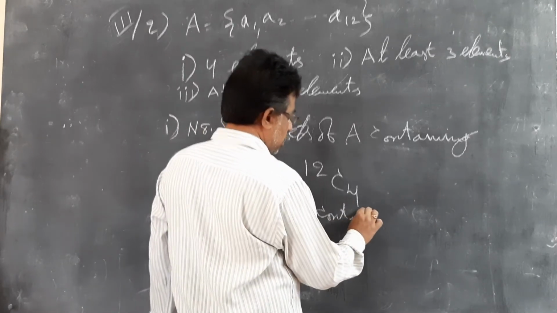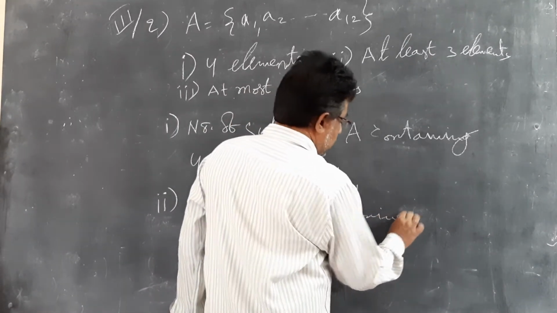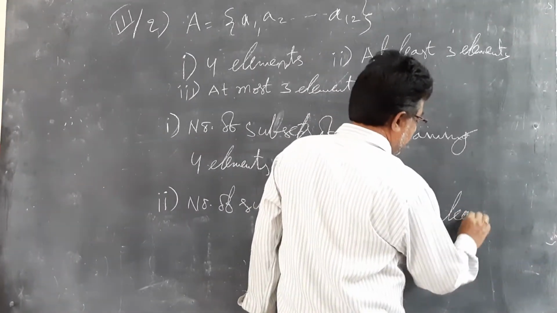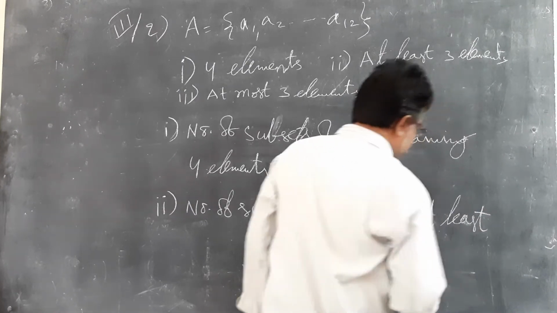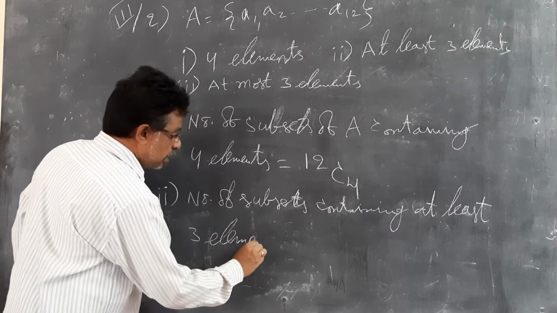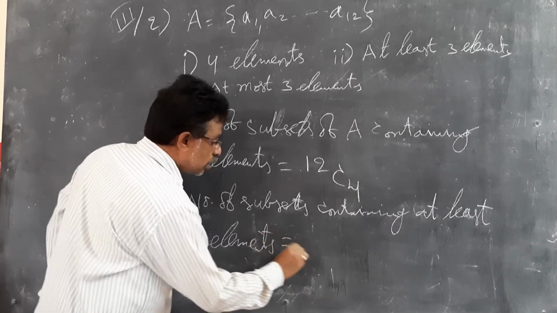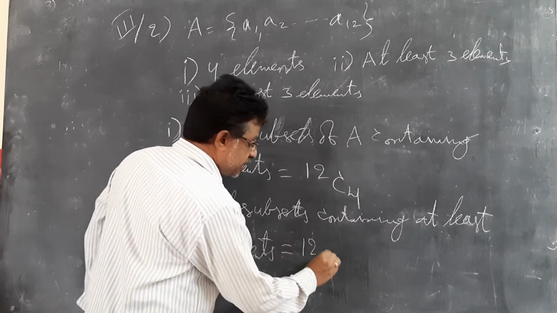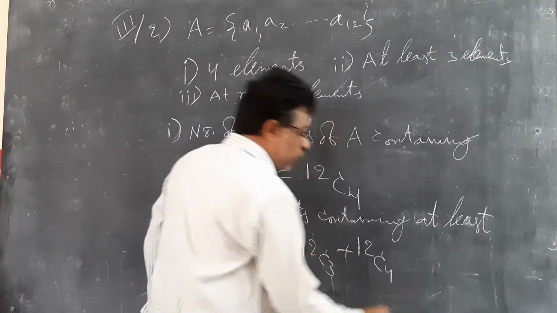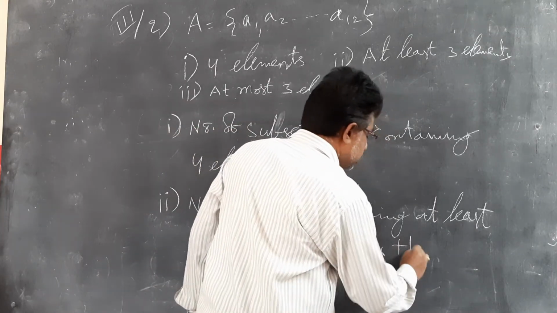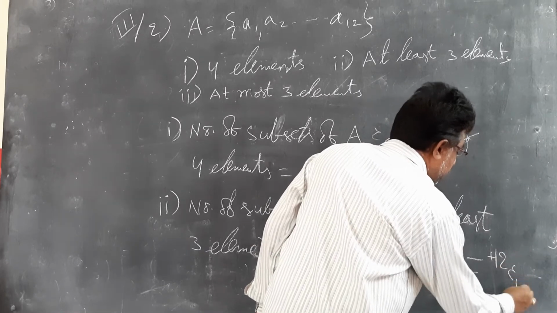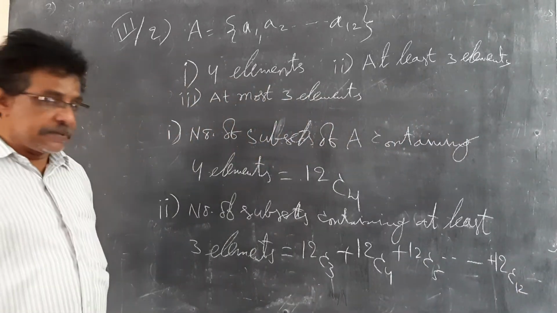So the number of subsets containing at least 3 elements: you can select 3 elements, 12C3, plus 4 elements, 12C4, or 5 elements, 12C5, and so on till 12C12, which is the maximum number of elements containing a subset.